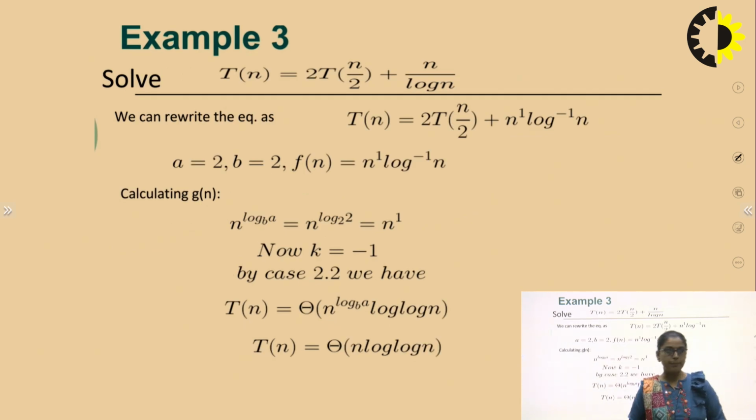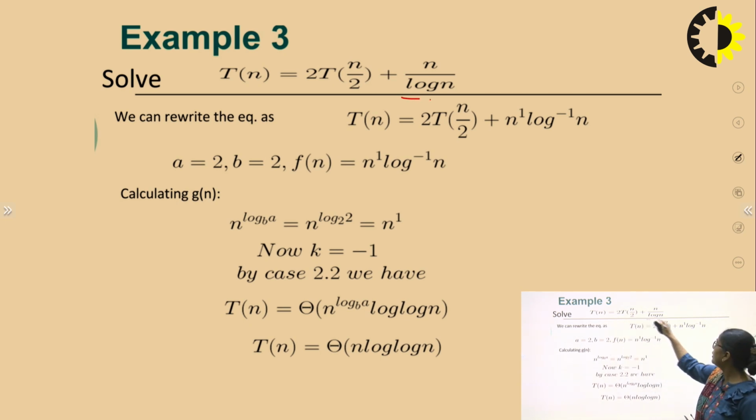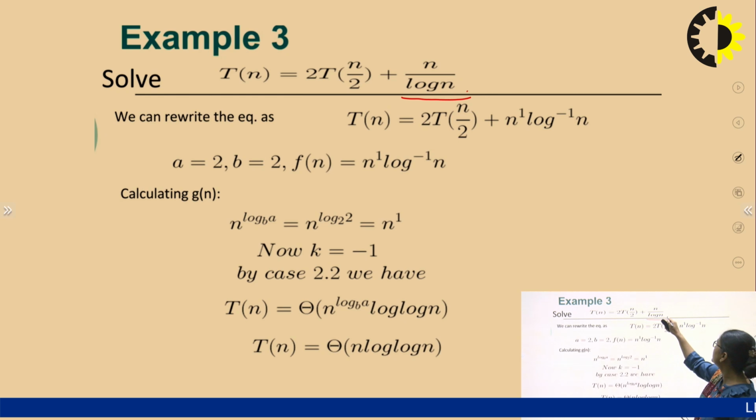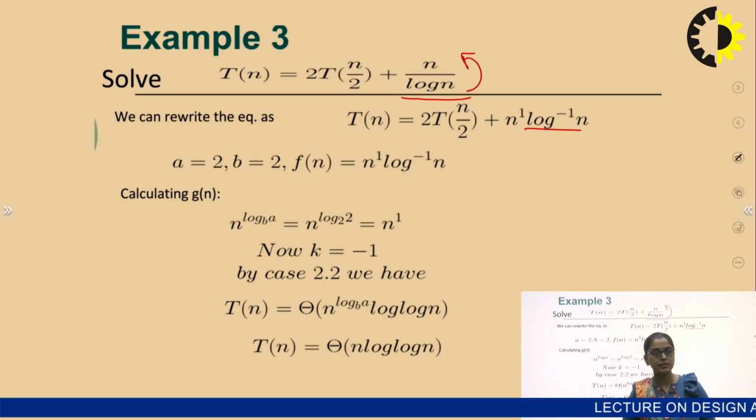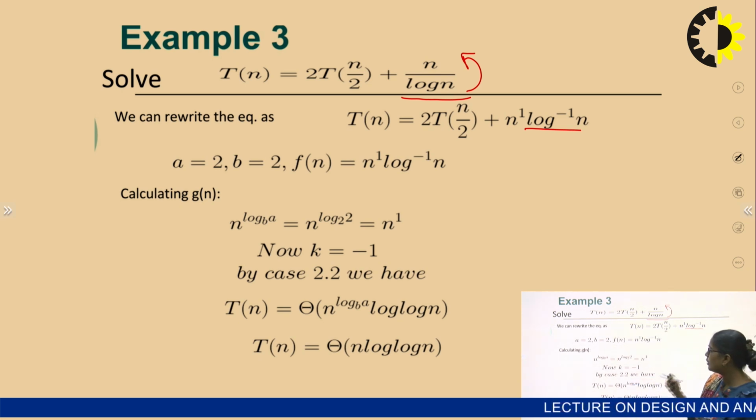In the next example, I am taking a little bit harder one. The value of a is 2, the value of b is 2, and what is f(n)? Here log n is in the denominator, we move it up, then the power of log is -1. Here case 2 arises when the power is equal to -1.